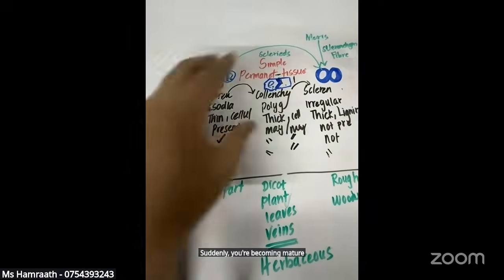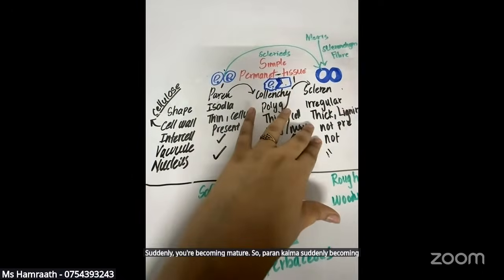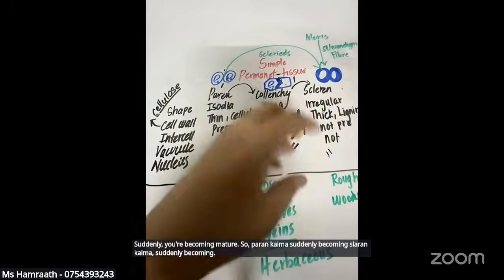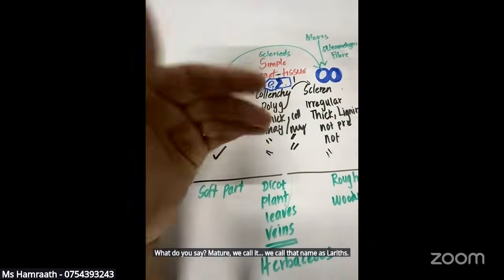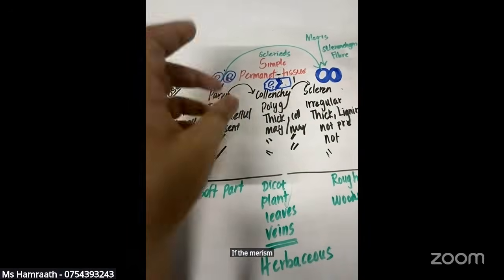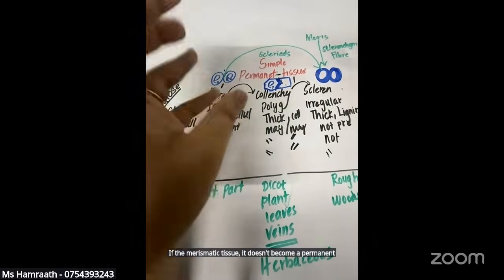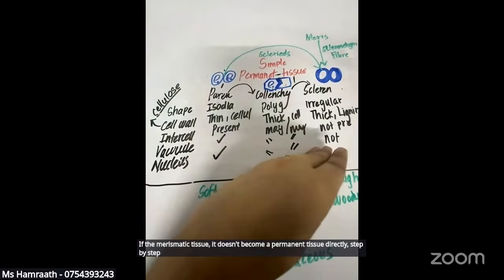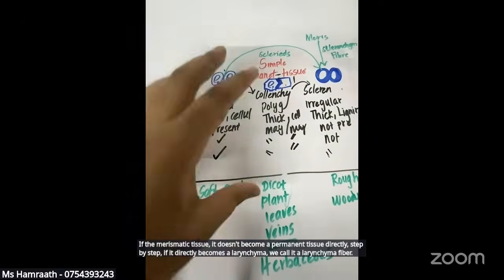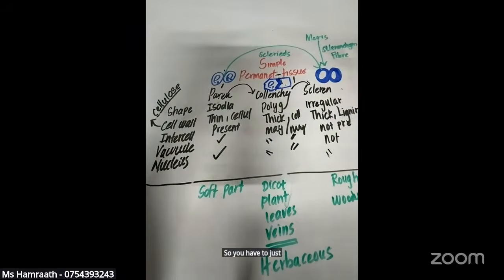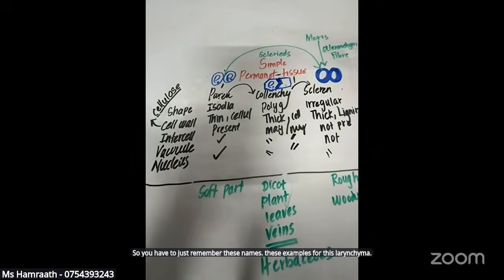So parenchyma suddenly becoming sclerenchyma, we call that sclerites. If the meristematic tissue doesn't become a permanent tissue step by step, and directly becomes a sclerenchyma, we call it sclerenchyma fiber. So you have to remember these names and examples for the sclerenchyma. Okay? Clear with that? Right.